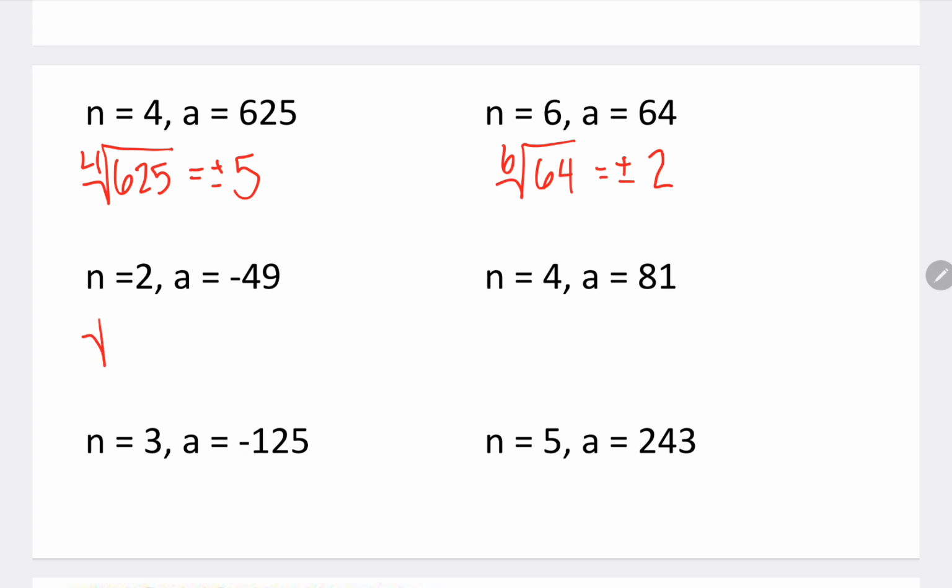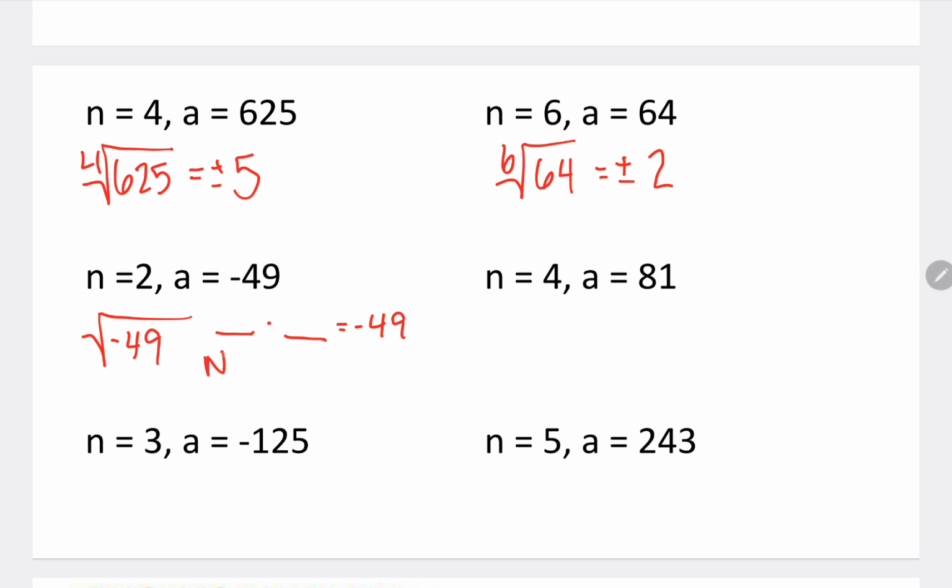The square root of negative 49. You can put a 2 there, but if there's no number there, it's an invisible 2. So square root of negative 49, or what number can you multiply by itself twice to get negative 49? Well, that's not possible with real numbers because 7 times 7 is positive 49, and negative 7 times negative 7 is also positive 49.